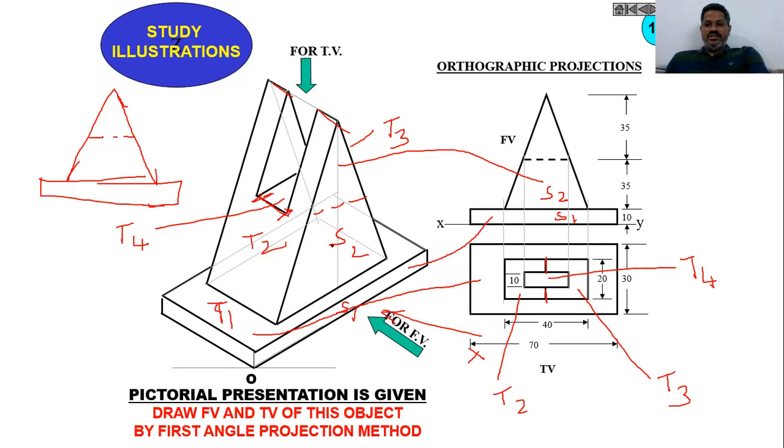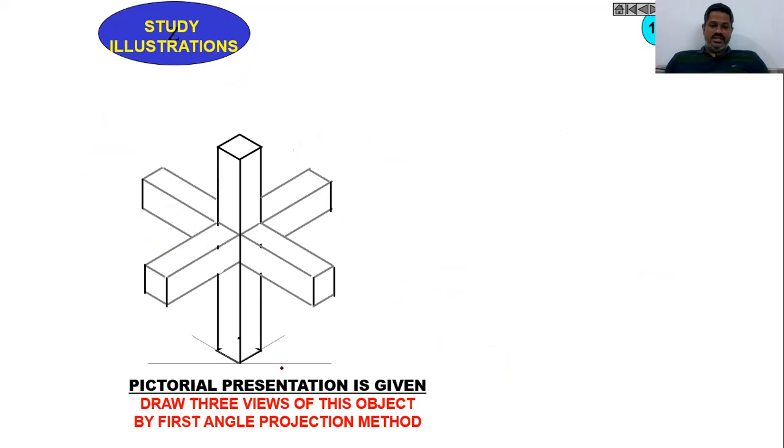Now let me move further to see another component. I'm assuming this as X here. When you see from the front, on this X side, you can see this face, F1 I am assuming. Then you can see this face, F2.